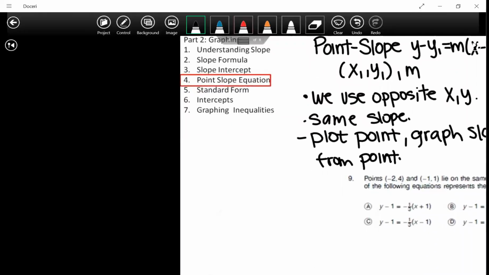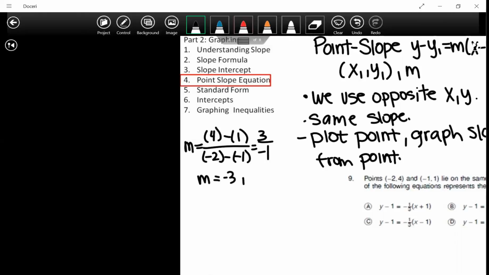Okay, so the question that we have here is asking us to find the point slope form. What we have to do is find our slope. So our slope will be 4 minus 1 all over -2 minus -1, which gives me 3 over -1, so m is going to be equal to -3.